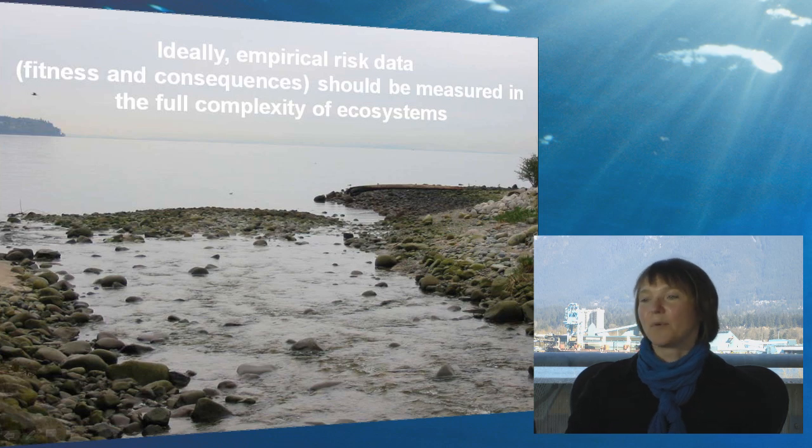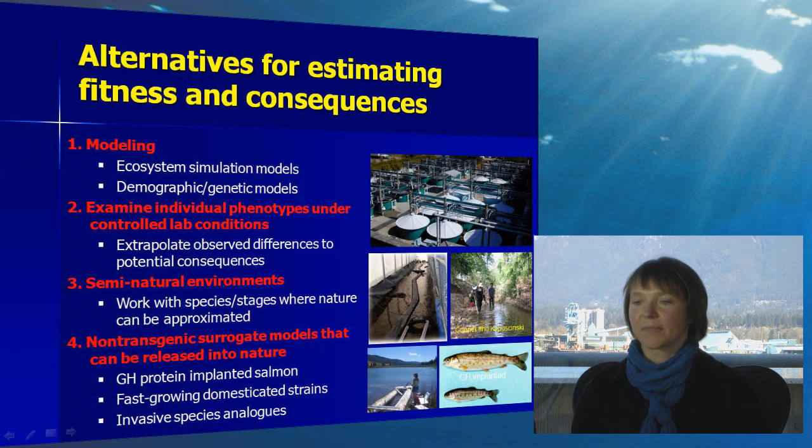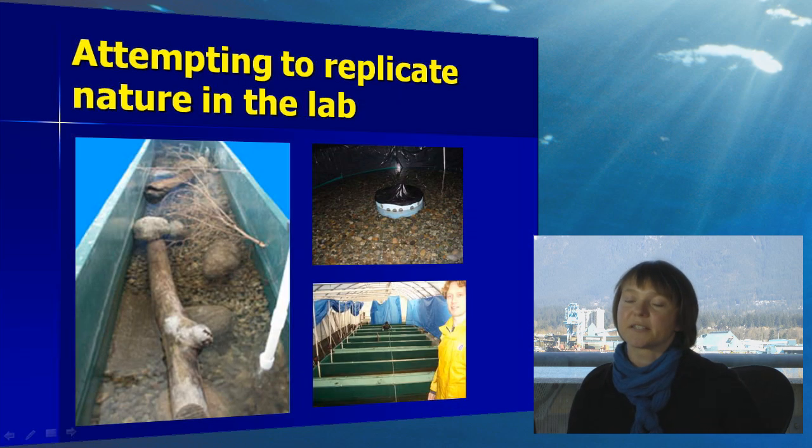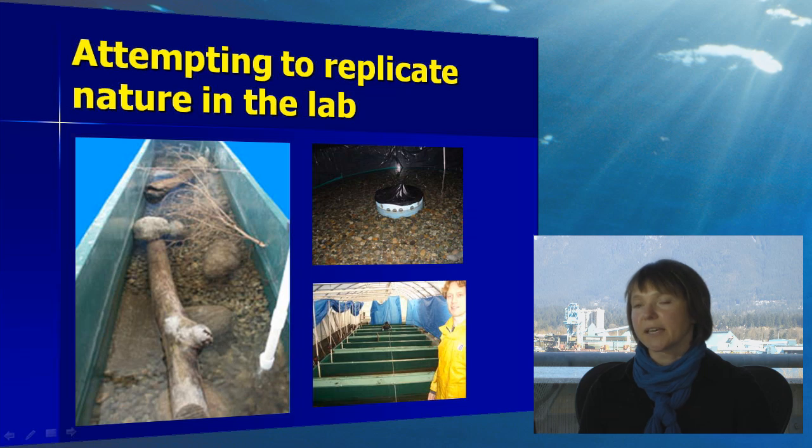So one of the major things done at the Center for Aquaculture and Environmental Research, directed by Bob Devlin, is to try to develop ways to do a proper risk assessment without having to actually get the data from nature. One of the biggest parts of the program are trying to replicate natural environments within the closed containment culture environment.